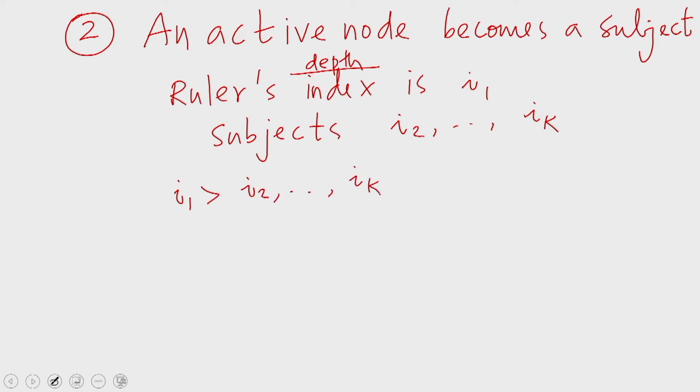Because we are picking the local maxima, the ruler's depth would be greater than the depths of the subjects. Therefore, I1 is greater than I2 through Ik, which means (1 minus q) power I1 is less than (1 minus q) power I2 through (1 minus q) power Ik.